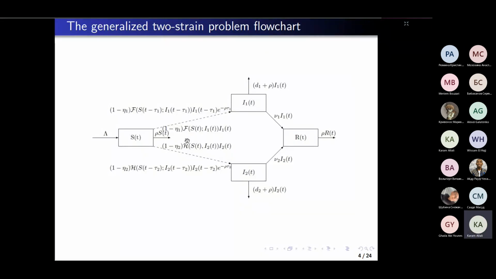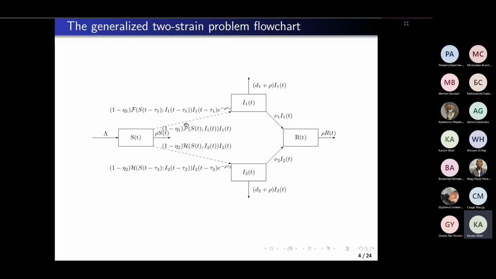If we have the second force of infection H, it will go to the second infected class I2, and the dashed arrow means the delay.